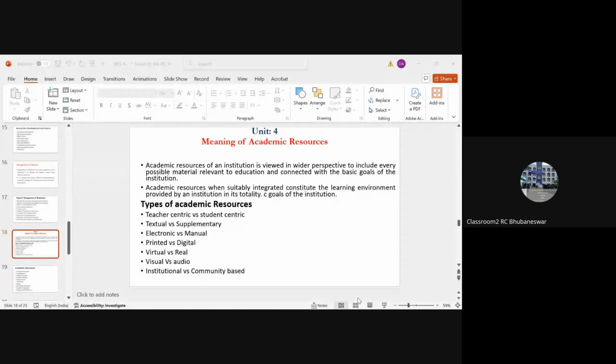Then virtual platforms. Now we are in a virtual platform, online platform. That is also a resource. Now most of the secondary schools in Odisha have what? Smart classroom, ICT-based smart classroom.